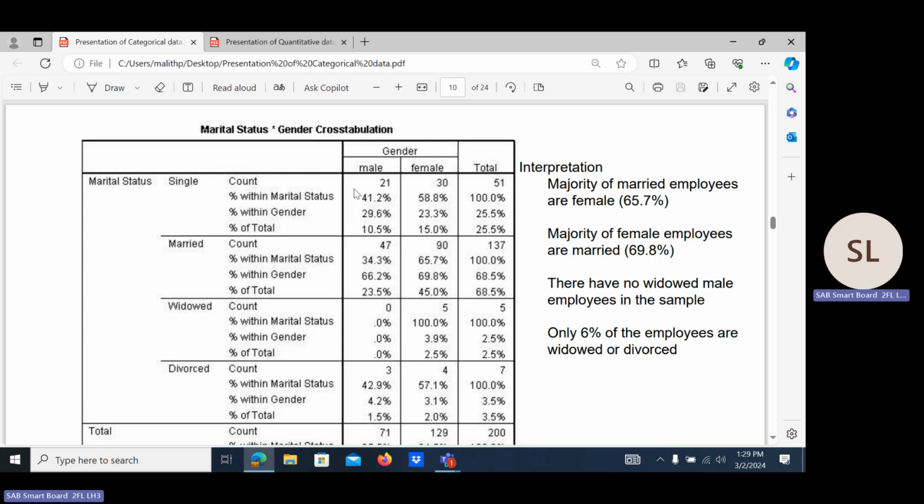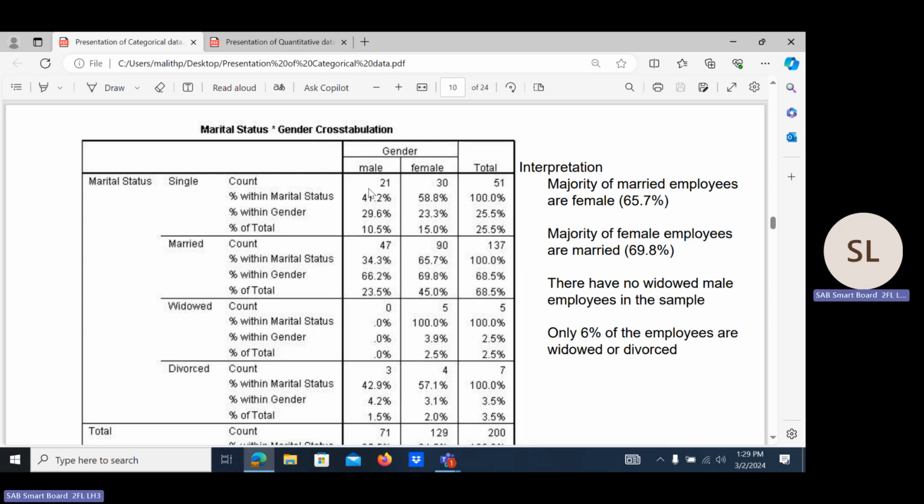The first one, this column, male. Gender is male. This column represents the male respondents' details. Then 21.